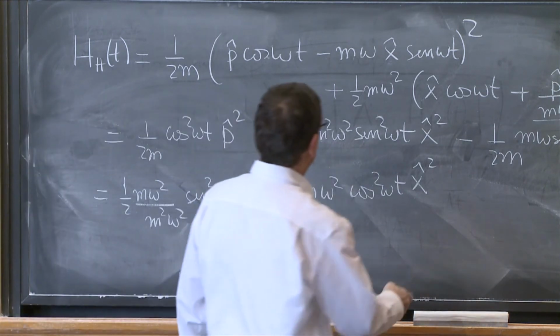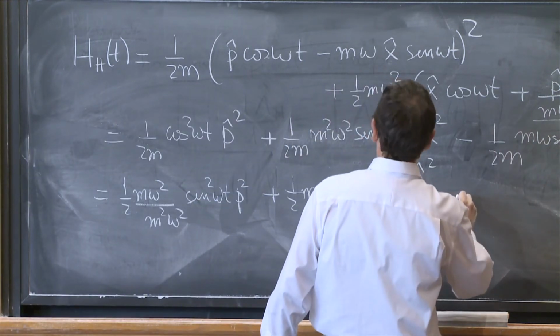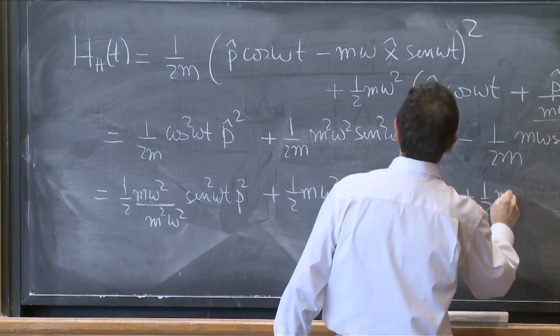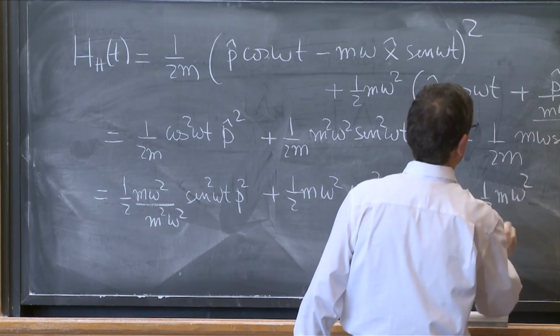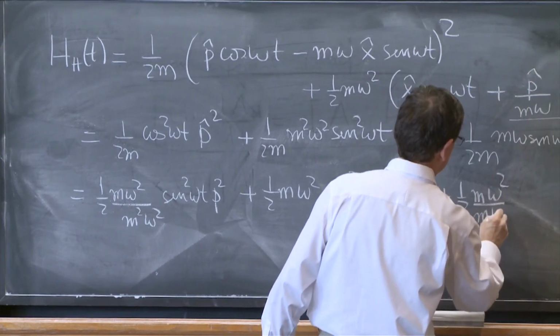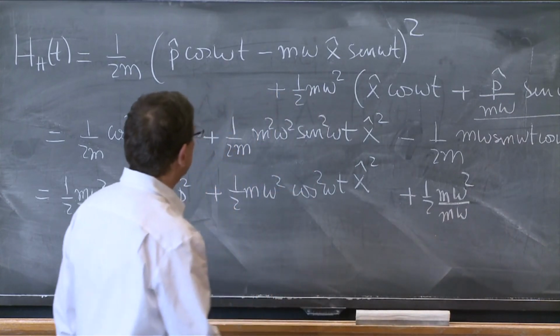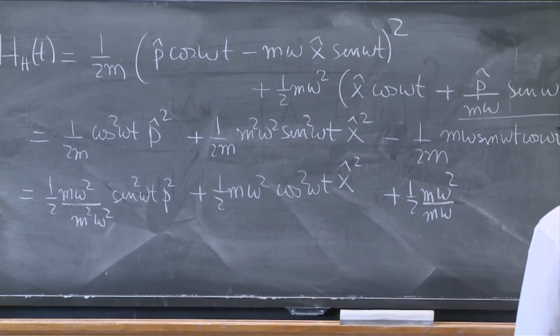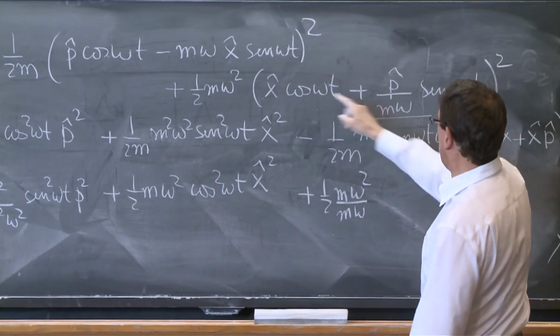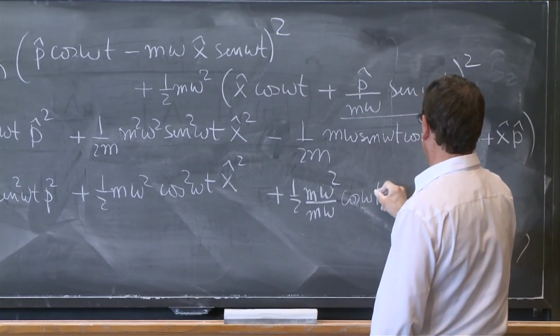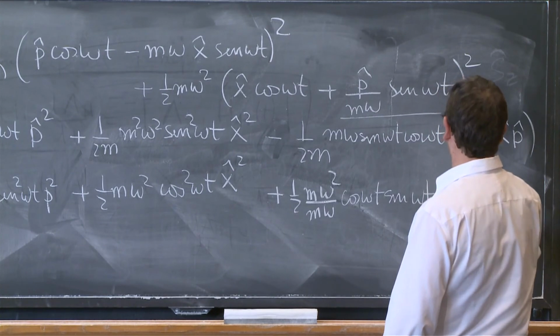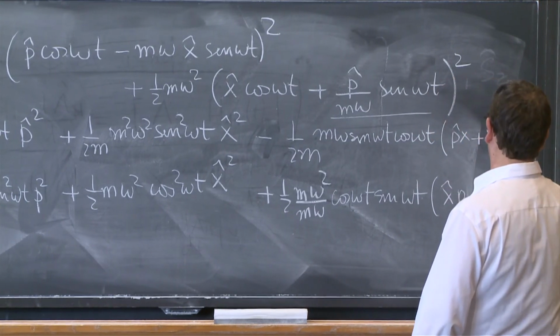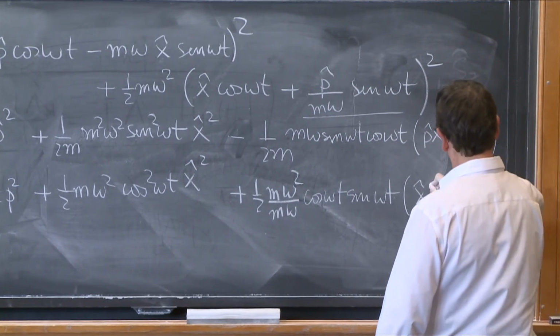And the cross term, plus 1/2 m omega squared over m omega times cosine omega t sine omega t, xp plus px.